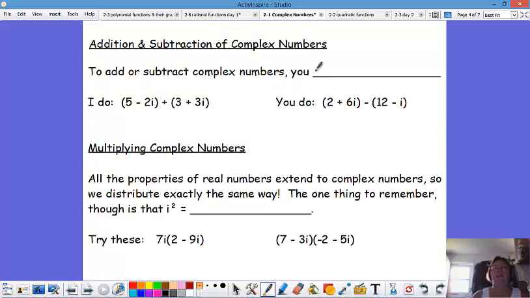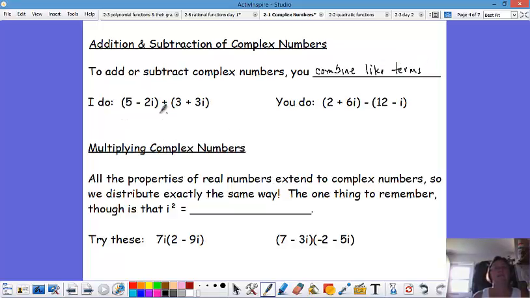To add or subtract complex numbers, you do what you think. That is, you combine like terms.